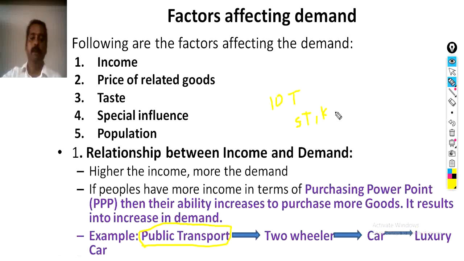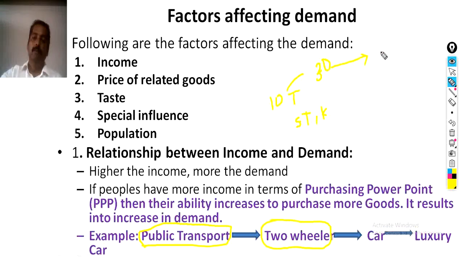Or if we are working in Mumbai, then we can use BEST. So that time we used public transport. Now the salary increases to 25,000 or maybe 30,000 per month. Now we decided we require a two-wheeler. Now we are in a position to purchase a two-wheeler. So here we purchase a two-wheeler and we regularly go to office by our two-wheeler.